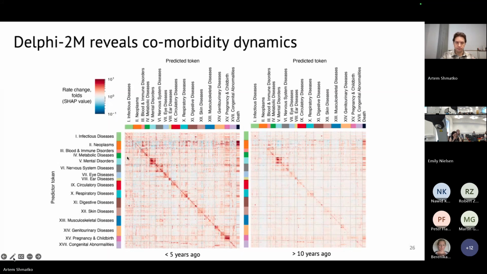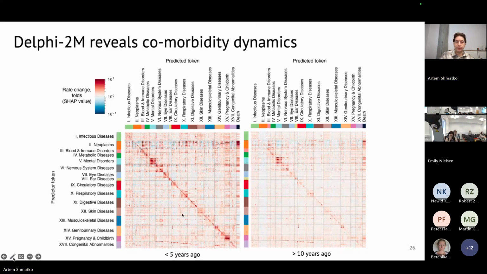The values of the matrix are these SHAP values, the token-explained increased or decreased rate changes, calculated over the entire validation data set and averaged into a single number.